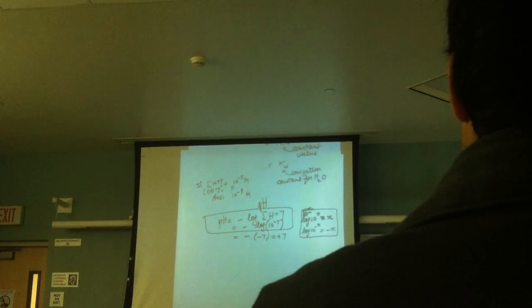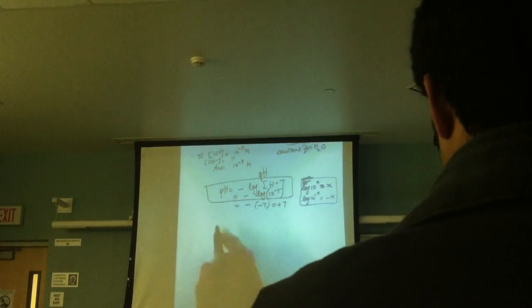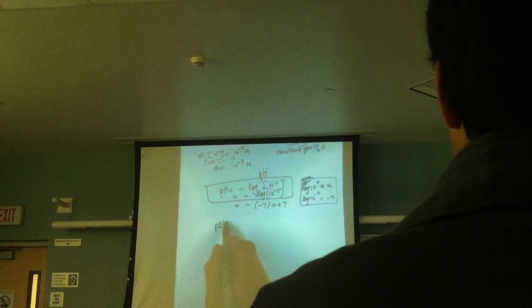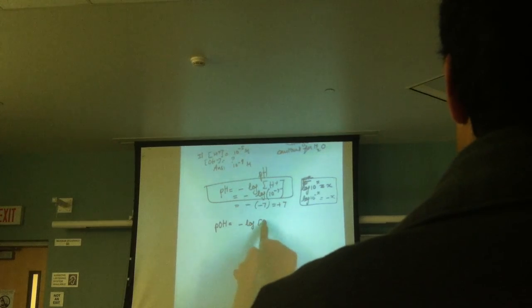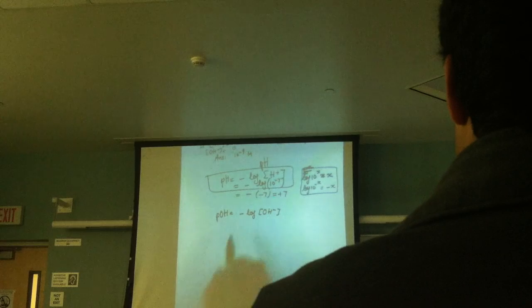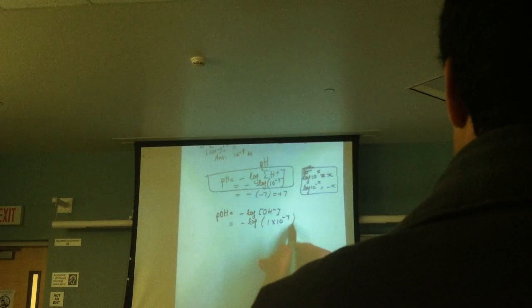That's not bad, right? Now pOH. Same. What is pOH? Negative log of the hydroxide. For a neutral solution, we said the hydroxide is equal to what? 10 to the negative 7.